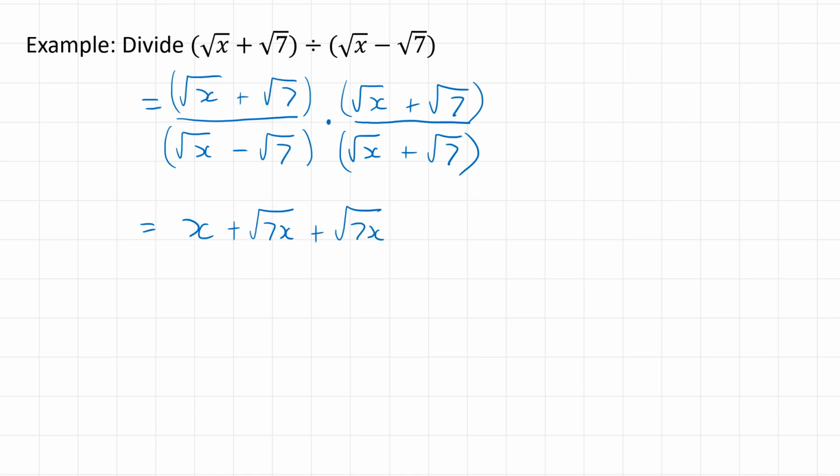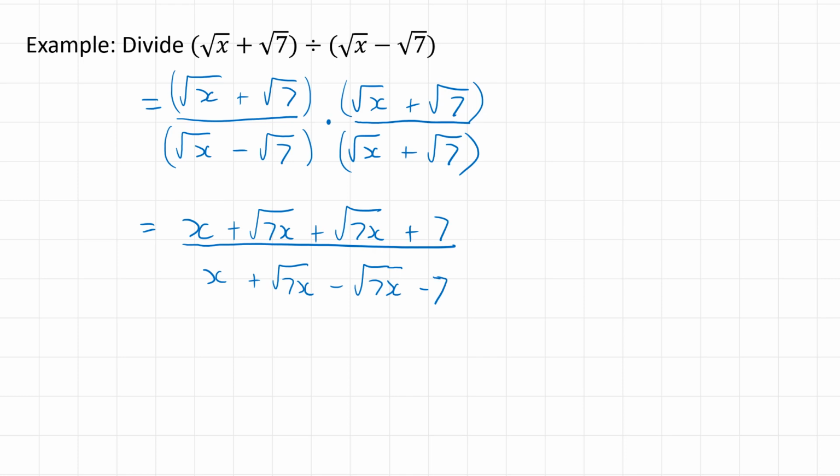And root 7 times root 7 is 7. And then in the denominator, we have root x times root x is x. Root x times positive root 7 is plus root 7x. But now we have a negative root 7 times root x on the inside, so we minus root 7x. And then minus root 7 times a positive root 7 is minus 7.